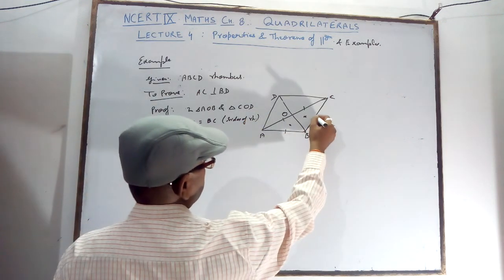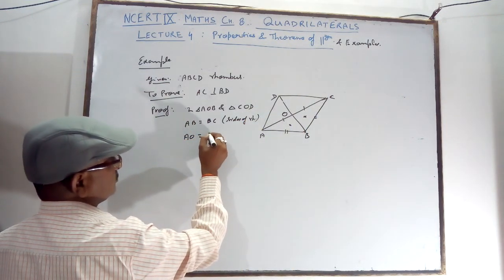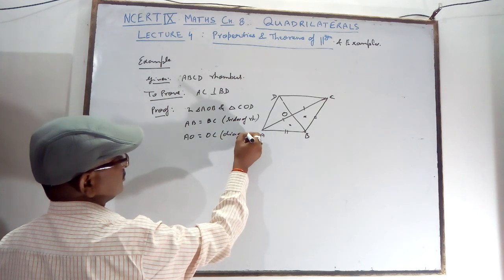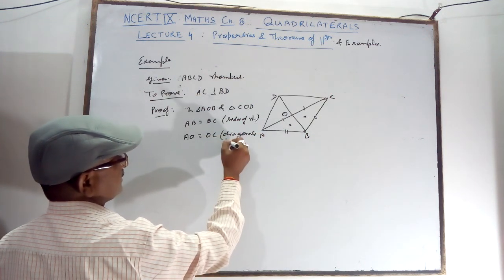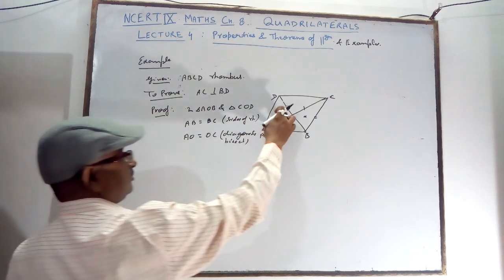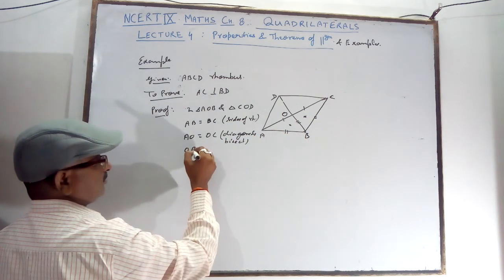AO is equal to OC, diagonals bisect each other, property of a parallelogram. So AO is equal to CO. OB is equal to OB.